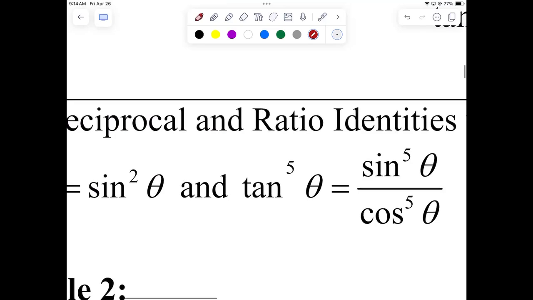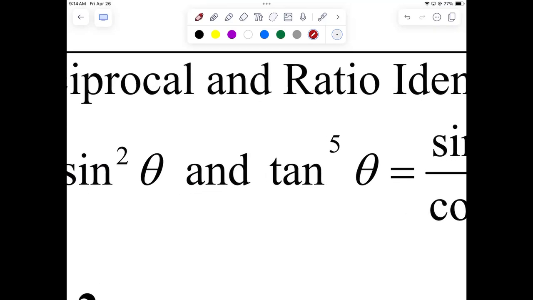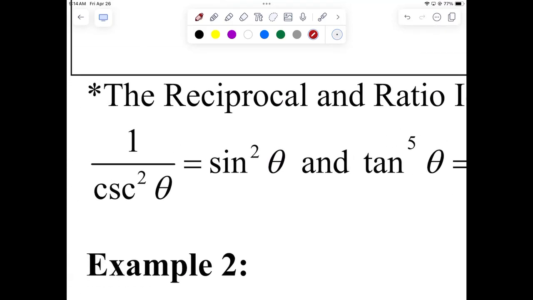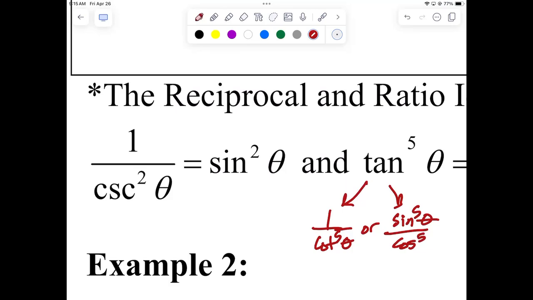Now, let's talk about what Brady just did. This is one of the reasons you need to have your identities memorized. Because if you're staring at tangent to the fifth power, you need to know what your options are. Your options are 1 over cotangent to the fifth of theta, or sine to the fifth over cosine to the fifth. Which one? Is that Ryan? Yeah.